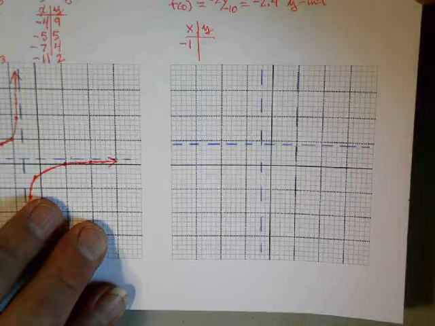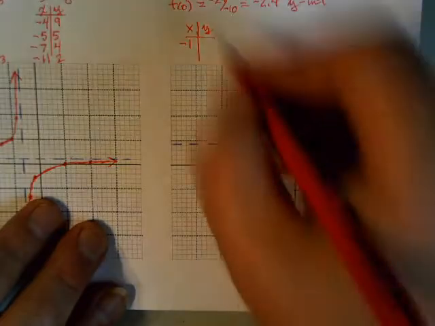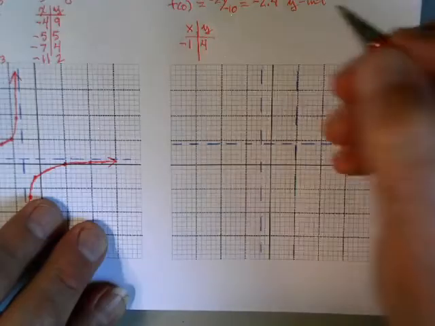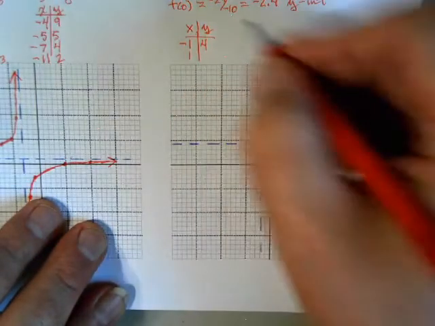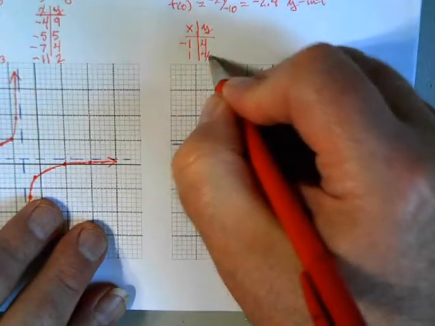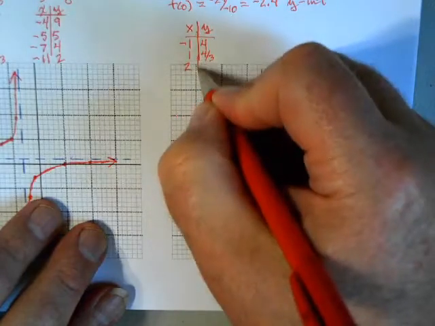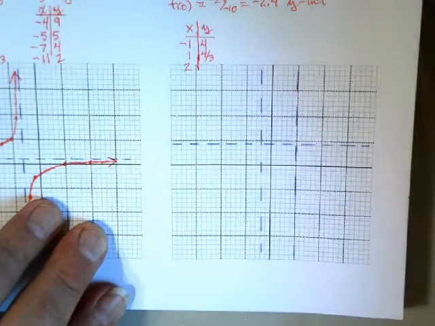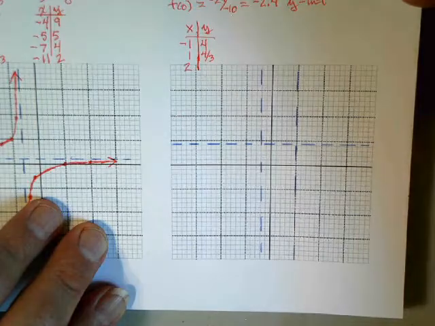So we're going to get a 4 here. If I put in a positive 1, I actually end up with 4/3. If I put in 2, let's see, so that's 4 times 4, that's 16 plus 8 minus 24, the numerator is 0, so that one's 0.